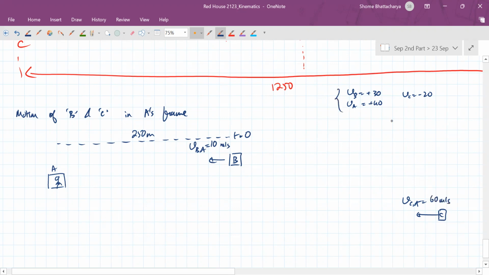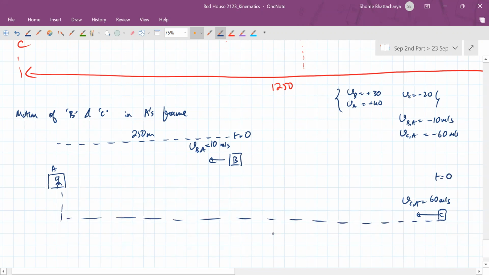So with proper sign convention, V of B with respect to A is minus 10 meters per second, and V of C with respect to A is minus 60 meters per second. This is also at t equal to 0, and it is at a total distance from here of 250 plus 350, so that is 600 meters.